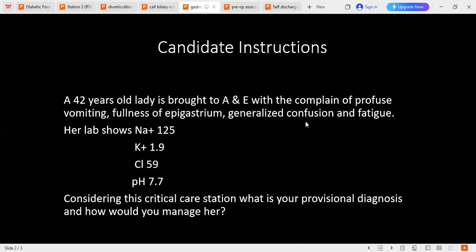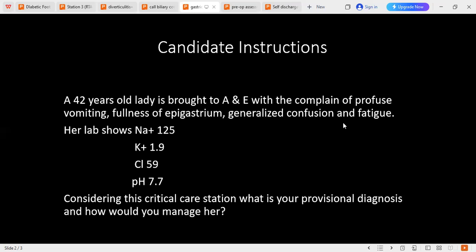What measures would you take to correct the patient's situation, because here the patient is confused and fatigued? I would give this patient intravenous fluids, normal saline along with potassium and chloride supplementation.